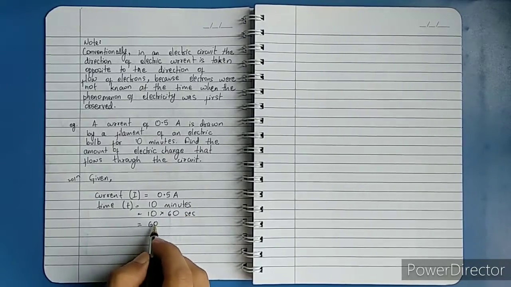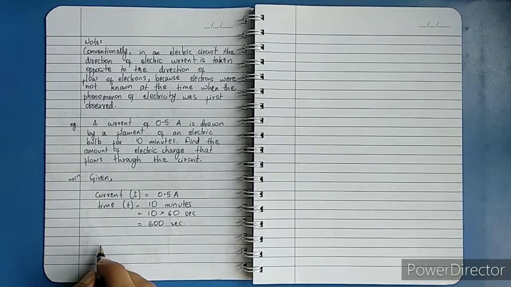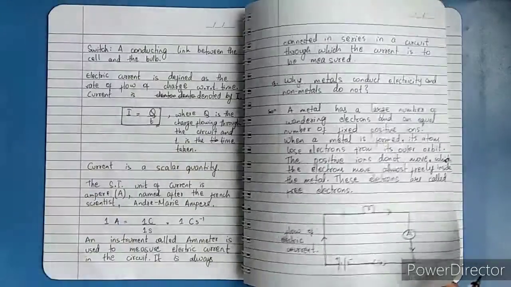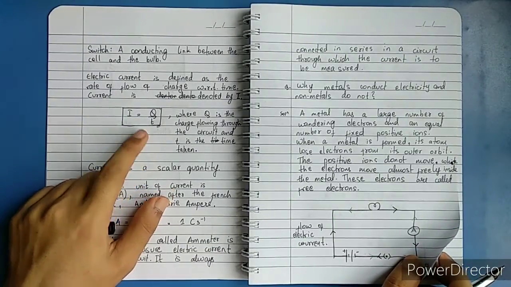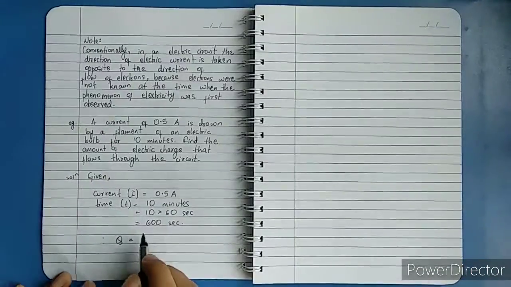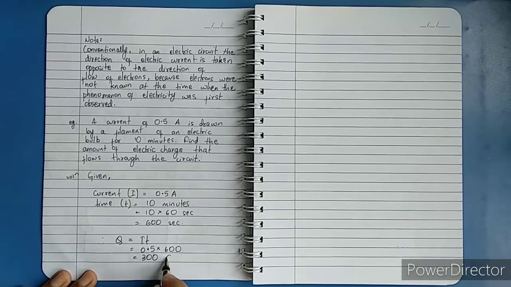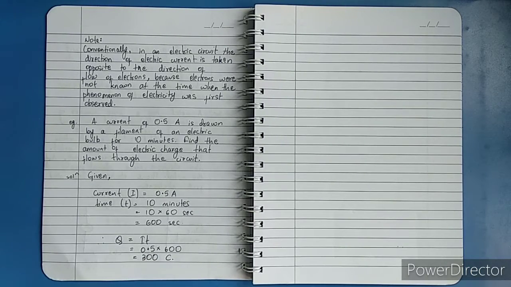So that is 600 seconds. Therefore Q is equal to, we know that I is equal to Q by t, therefore Q will become I into t. So I t, that is equal to 0.5 into 600, that is 300 coulomb. So the unit of charge is coulomb, so the answer will be 300 coulomb.